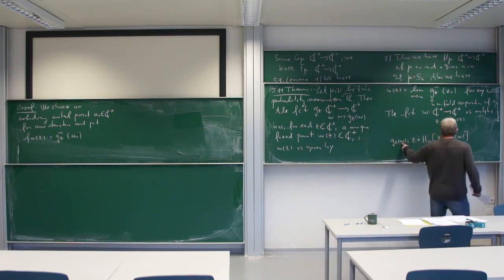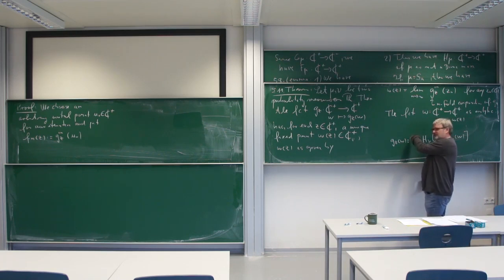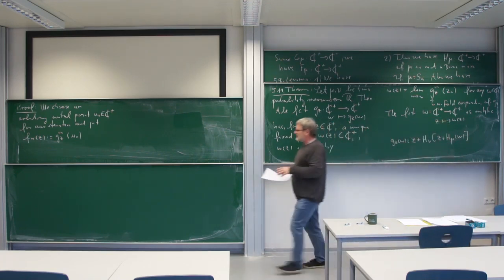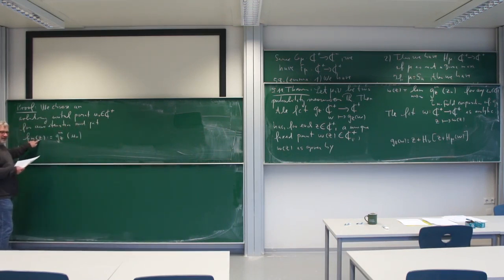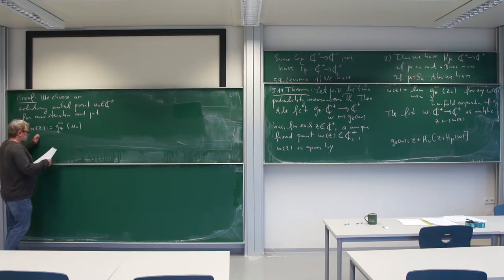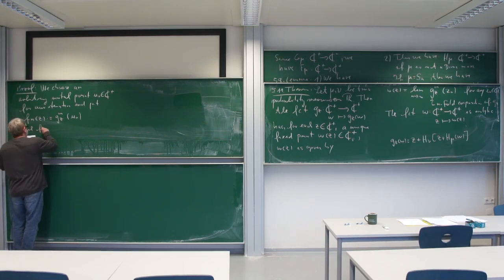So this is now just u0 and the iterates of this, but now I consider this really as a function in z. So I have this f_n of z, and each of those f_n is an analytic function in z, because it's a composition of analytic functions. And all of them are going from C plus to C plus.